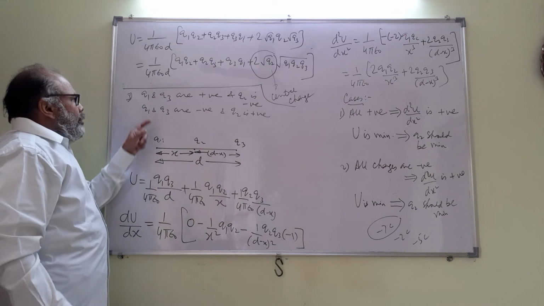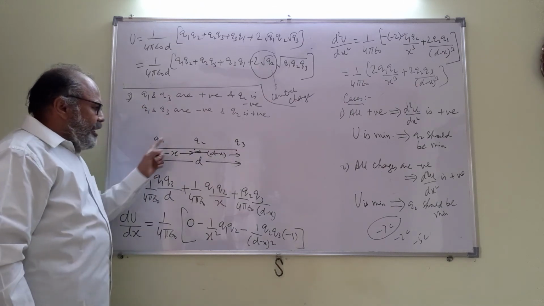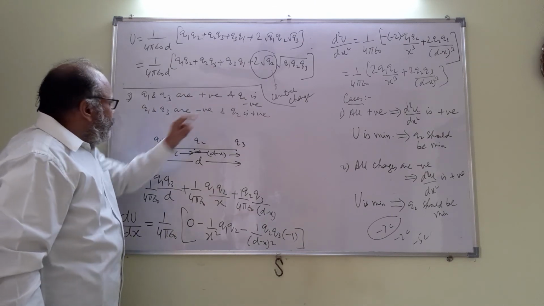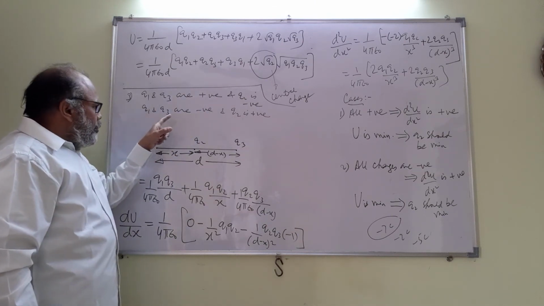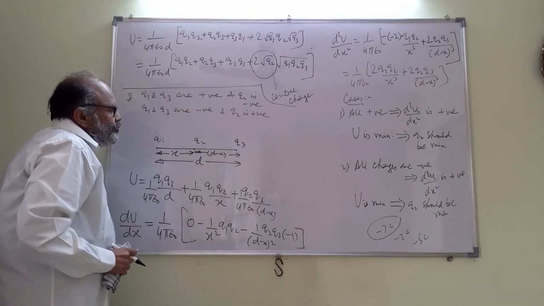Here we have said that the extreme charges must have the same sign. So Q1 and Q3 are positive and Q2 is negative, or Q1 and Q3 are negative and Q2 is positive.